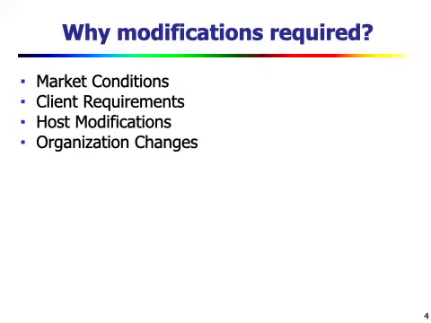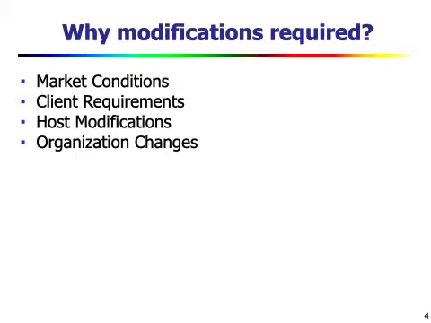These kinds of changes in policies can trigger the need for modification. Then client requirements. Client requirements means over time the customer may ask for new features, new functions in the software, and this can also trigger modifications.